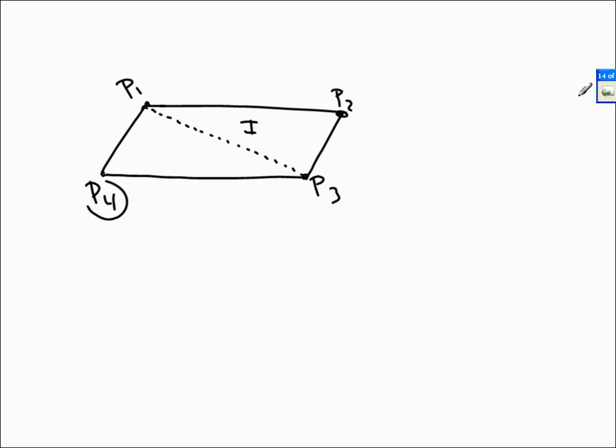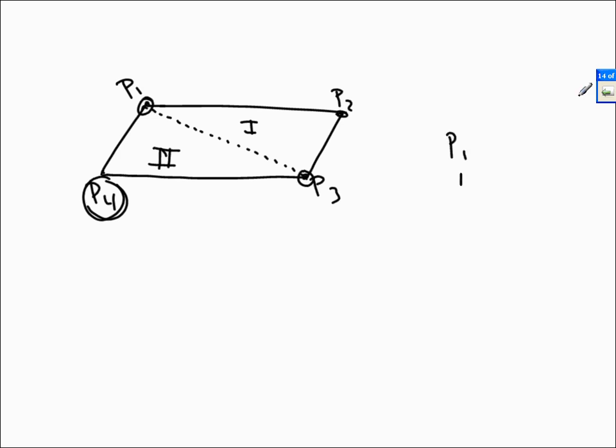You'd leave one out. And if you doubled it, you'd find the area of the whole parallelogram, P1, P2, P3, P4. If you instead wanted to find the area of the lower triangle, P1, P2, P4, well, you would calculate the area of that triangle using P1, P3, P4.